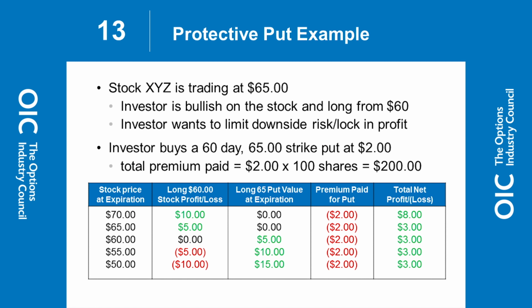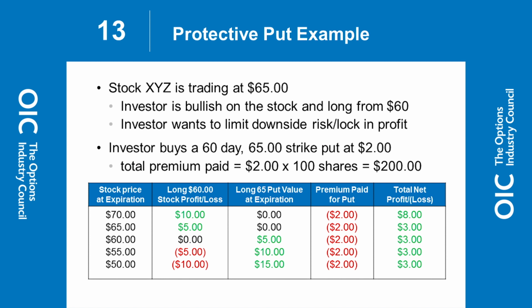So let's take a look at how that's going to appear, and here's our table. For those of you that are numbers oriented, right now stock is trading at 65, and if it stays at $65 between now and expiration, and that's where it expires, we're going to make a theoretical $5 profit on those shares. We bought them at 60. They're now worth 65.